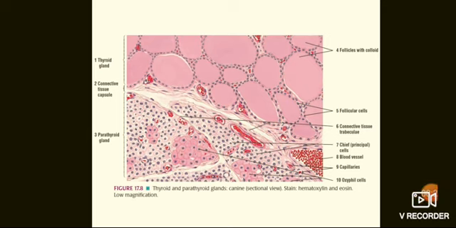The parathyroid gland secretes parathyroid hormone from the chief cells. This parathyroid hormone increases the blood calcium level. So the parathyroid hormone and the calcitonin hormone, which is secreted by the parafollicular cells of the thyroid gland, both maintain the serum calcium level.